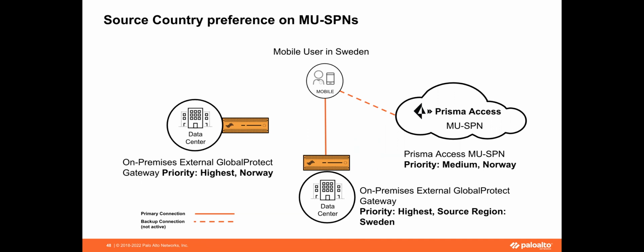If an in-country gateway or MUSPN in the portal configuration is available, the GlobalProtect client will use it for the tunnel connection. So the logic here is, first, the same country as the GlobalProtect client, then priority as set in the GlobalProtect portal configuration, and then the HTTPS latency connection test.